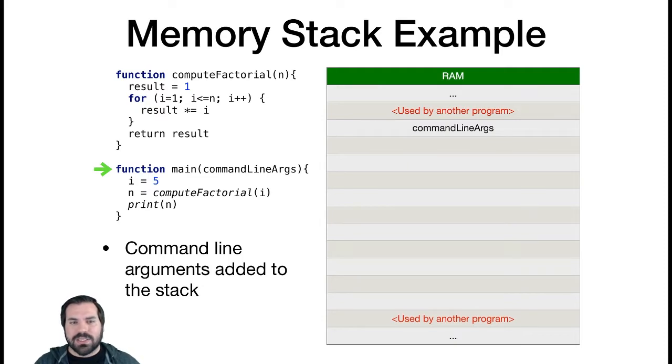Or at the very least, the JVM should yell at us and say, look, you can't access that part of memory. And right after the last byte of memory that the operating system gave us, that might also be used by another program. It might not be, but it might be enough so that we're not allowed to access it. We don't have permission to access that chunk of memory.